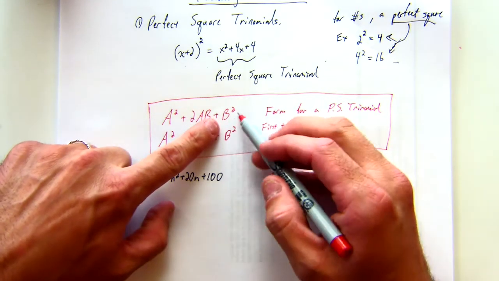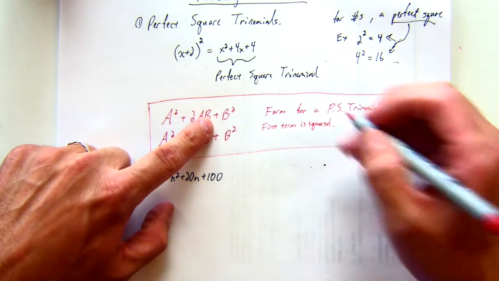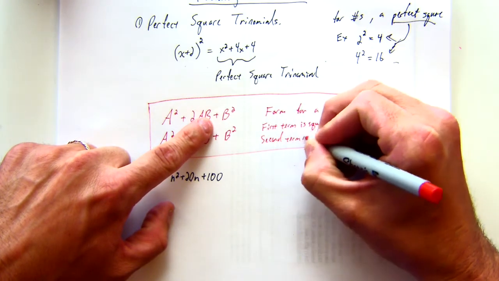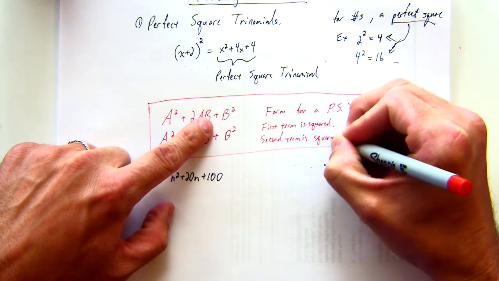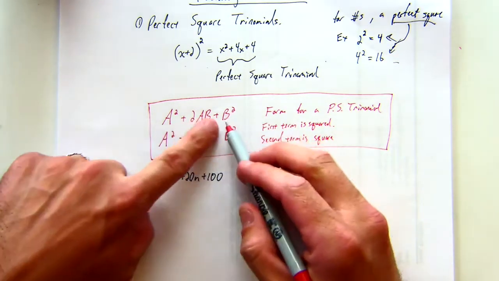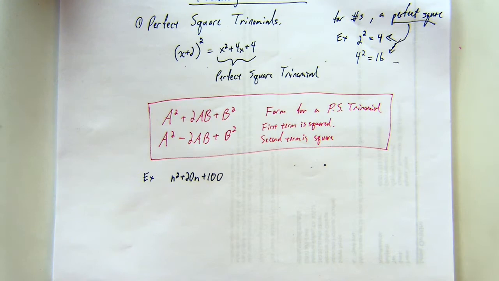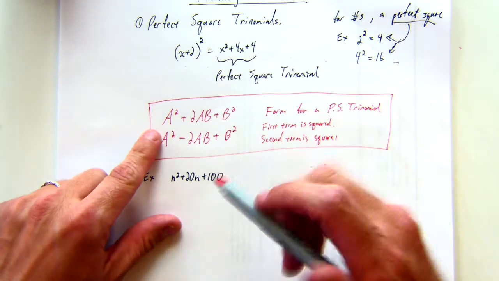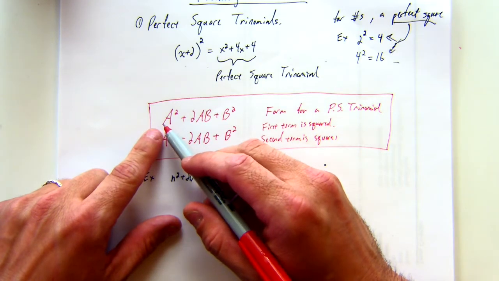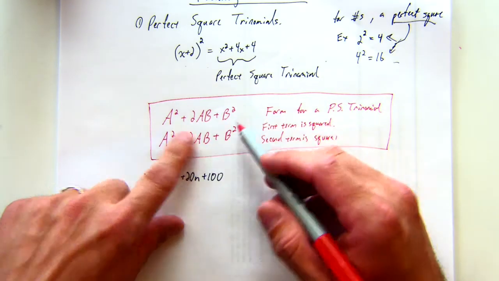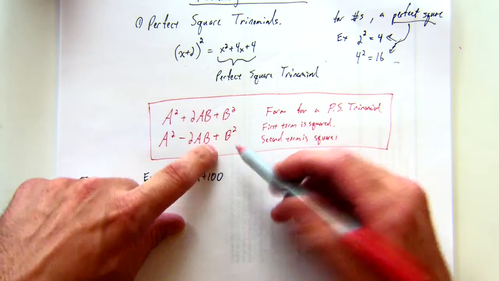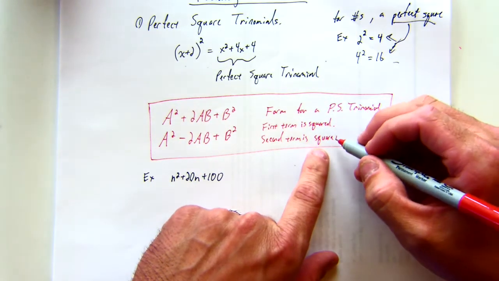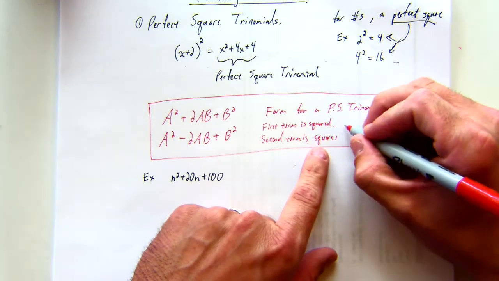It's also a square. It's something squared, b squared. What about the signs of the first and the second terms? Positive or negative? If there's not a negative sign in front of it, then it is positive. And also, the last term is also positive. So the first and the second term are square numbers or square something, and they're both positive.